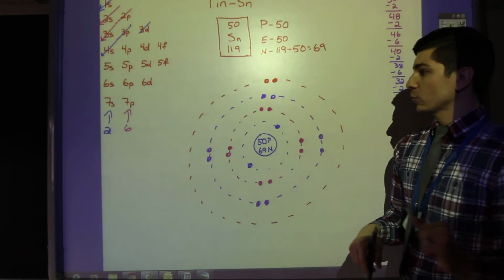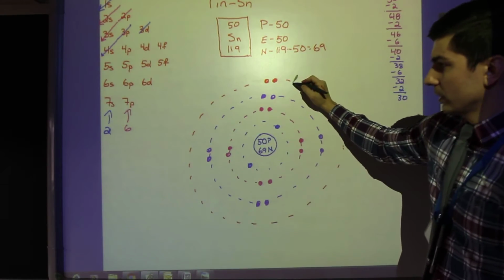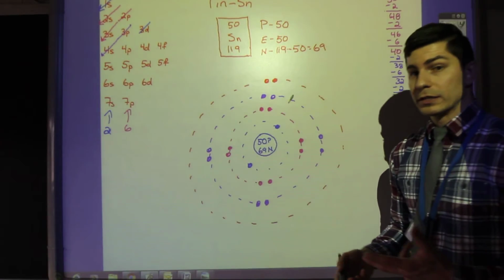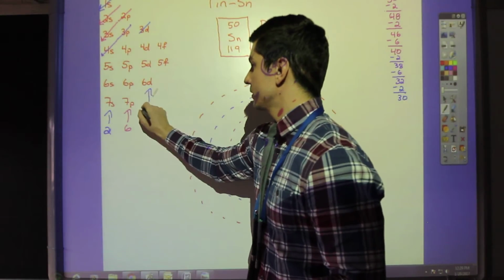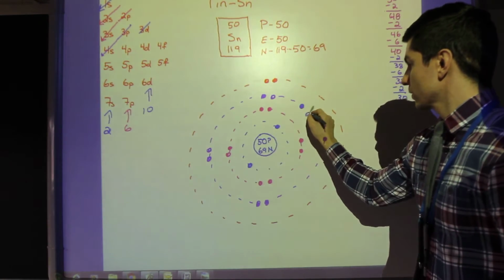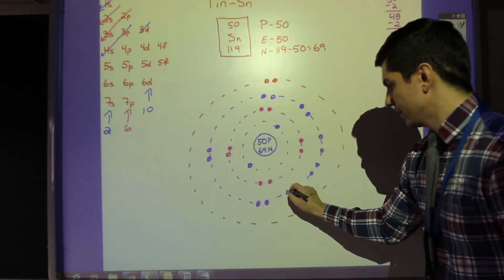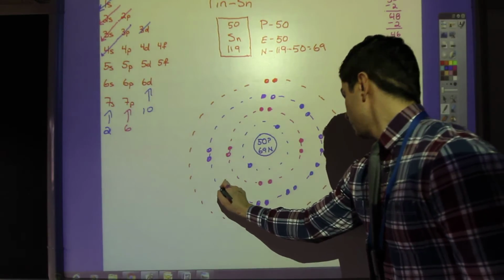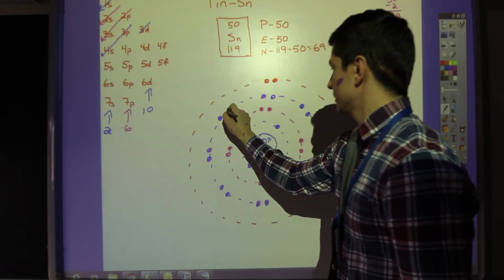But anyway, we're going to move to 3d. So we don't want to put them in the 1, 2, 3, 4th orbital. We want to go back to the 3rd because that's what the 3 in front of the d means. We got to go back to the 3rd orbital. If you remember, the d's hold 10 electrons, so it's going to be 1, 2, 3, 4, 5, 6, 7, 8, 9, and 10.